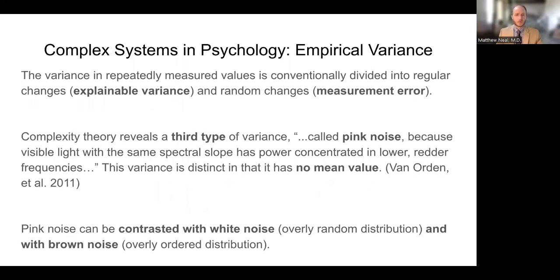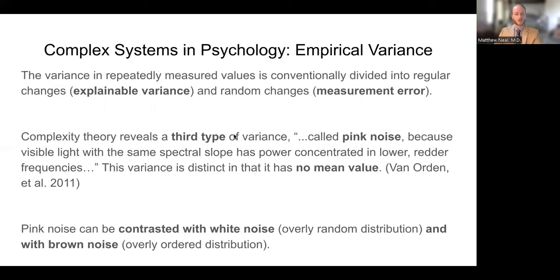Complexity comes up in empirical variance, and we know statistics is a really important aspect of studying psychological phenomena. Typically, we say there are two types of variance: the explainable and the random, which is the measurement error. Though complexity shows there's a third type. They call it pink noise, but different investigators call it different things. This is the type that has no mean value.